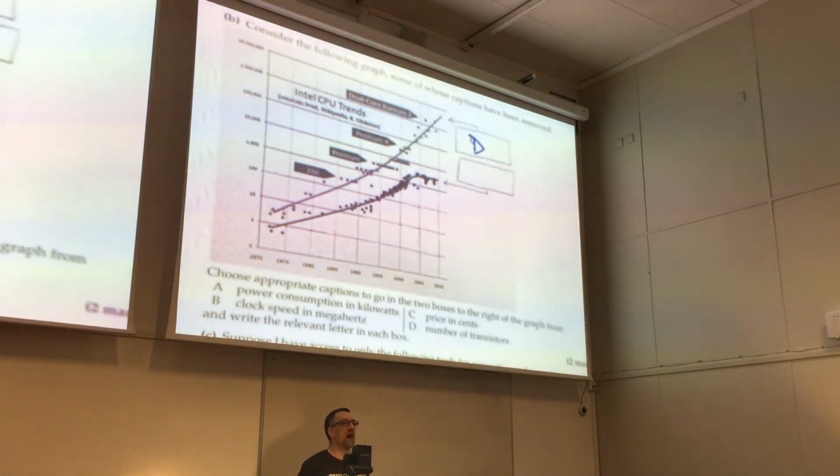In real life, that means we can put more and more logic on a chip. Each bit of memory is made from a fixed number of transistors. If we're doubling the number of transistors we can put on a chip, we're doubling the amount of memory we can put on a chip.